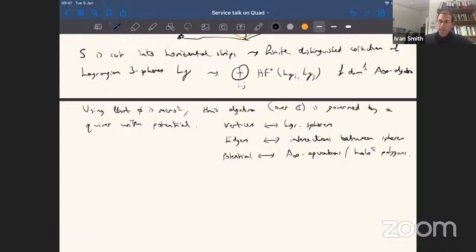Okay, so we have this space of quadratic differentials. Let's think about the locus where I have distinct zeros and double poles.